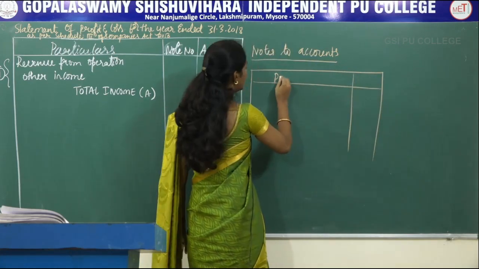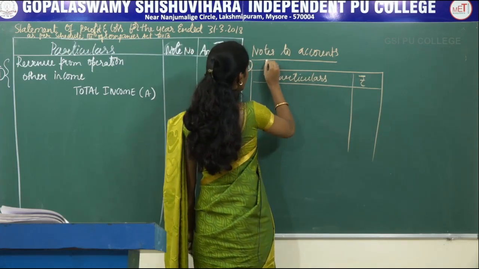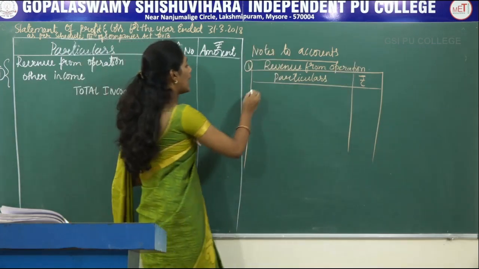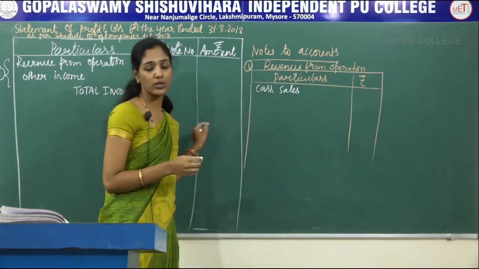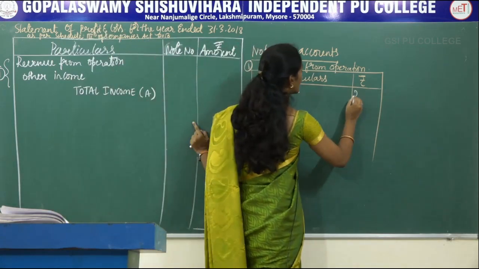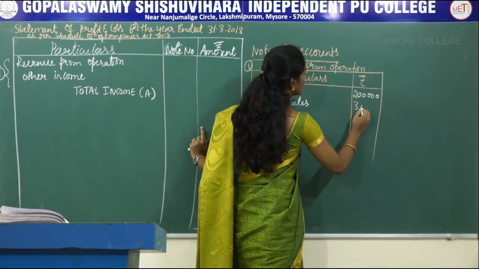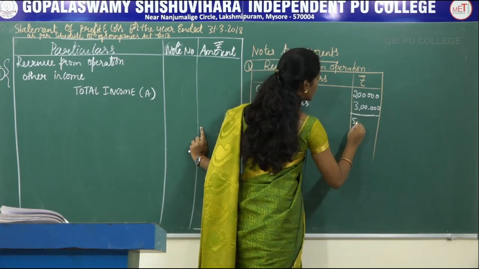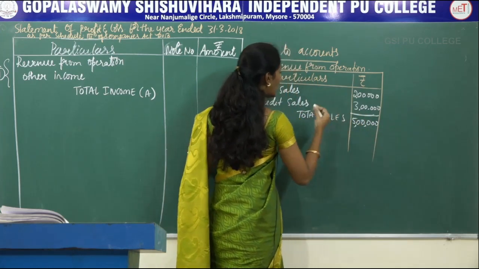Next, particulars, amount. This is note number 1, revenue from operation. What they have given? Cash sales recorded first. What is the amount of cash sales? Rupees 2 lakh. What is the amount of credit sales? That is rupees 3 lakh. Then add both together. You will get total sales of rupees 5 lakh.